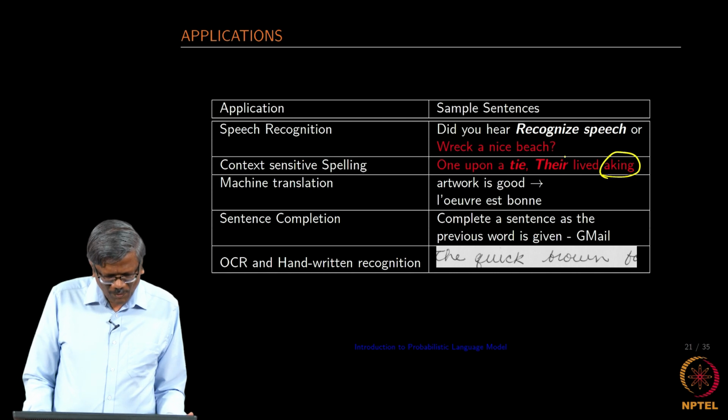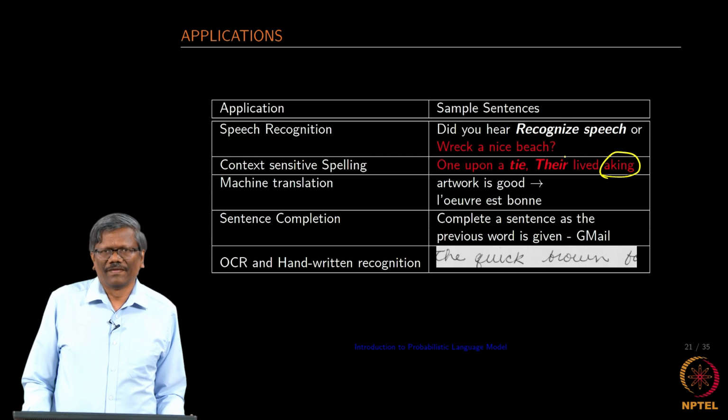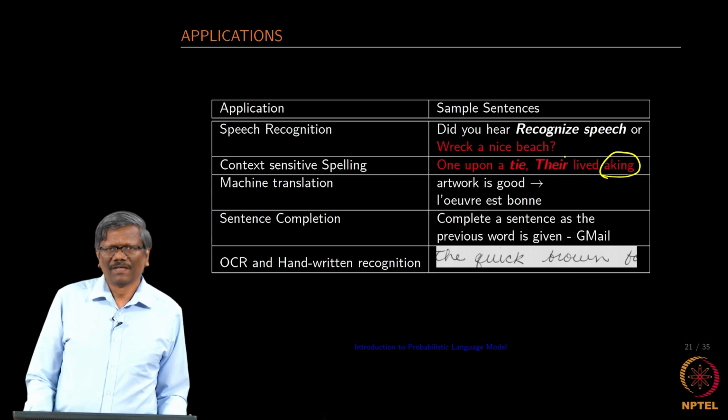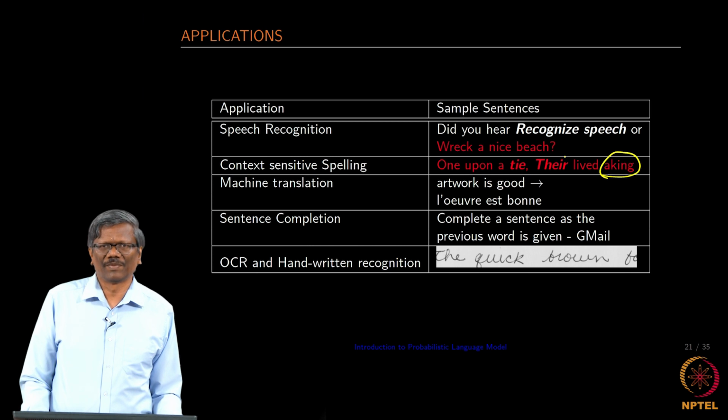Another example would be OCR and handwriting recognition. Okay. There are a lot of handwritten texts that are available, and some of the OCR engines, even though they are very good with the printed words, are only about 95 to 98% accurate, or even lower in many cases when the text is handwritten.